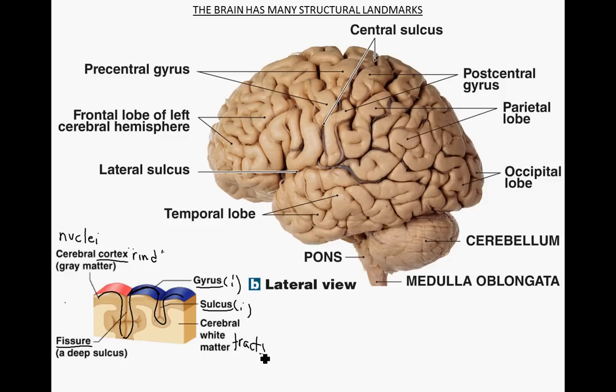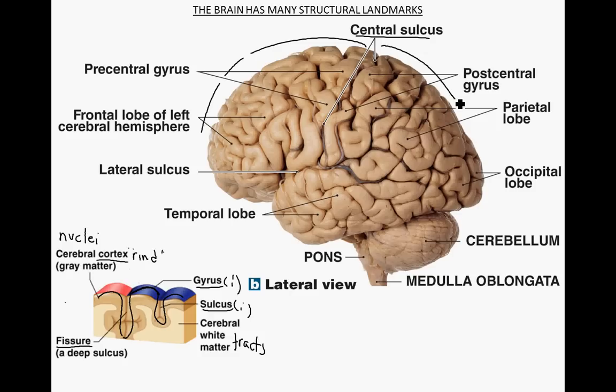Okay, but back to the lateral view of the brain here, we can see this central sulcus right here is a landmark that is going to separate the frontal lobe from the parietal lobe back here.